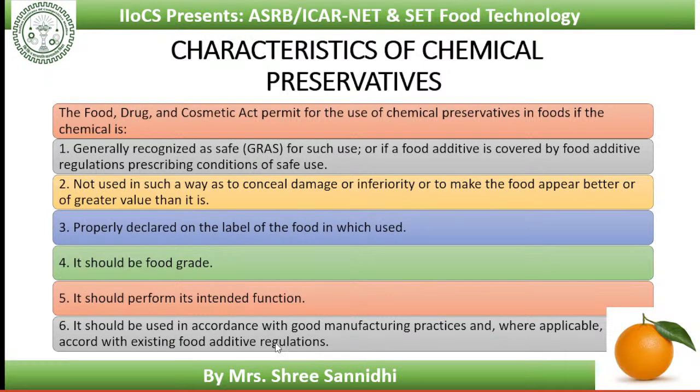So in order to select some chemical preservatives, it should be within the given regulations, it shouldn't be fraudulently used, and it has to be mentioned in the label of the food product.